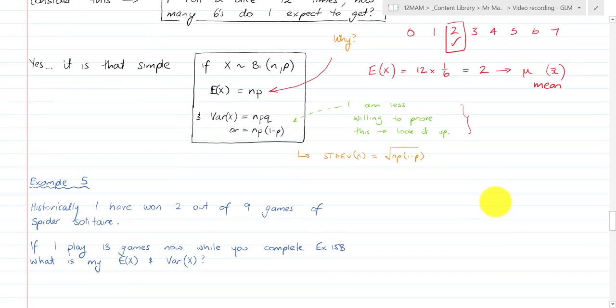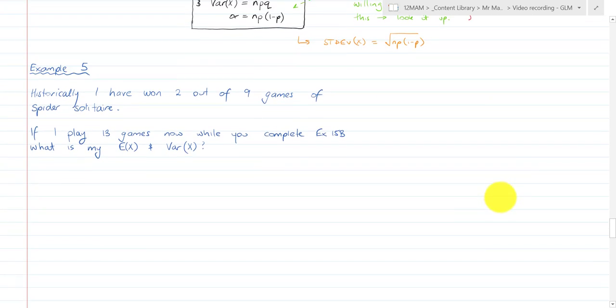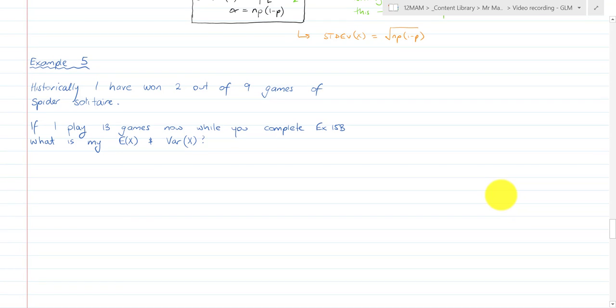So let's have a look at example 5. Historically, I've won 2 out of 9 games of Spider Solitaire. If I play 13 games now, while you complete exercise 15b, what is my expected X and my variance of X? We recall that the expected X is equal to np, and in this case, n is 13 because I'm playing 13 games, and p is my probability of success, which based on the data is 2/9.